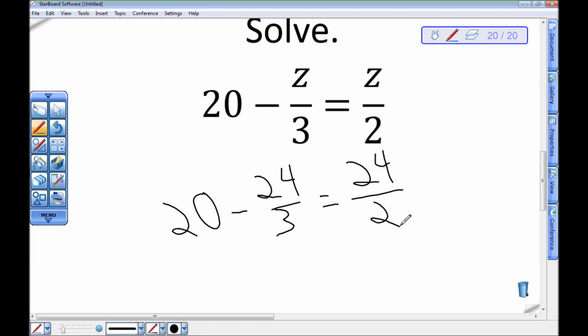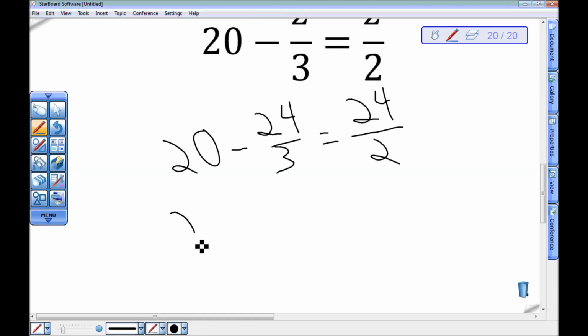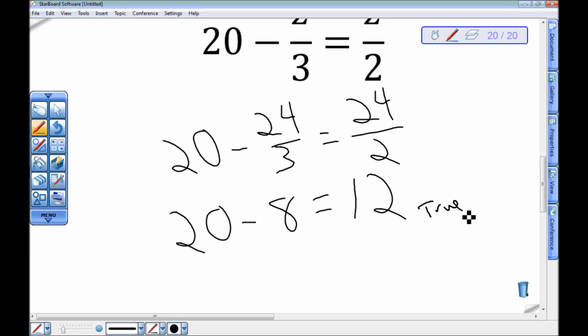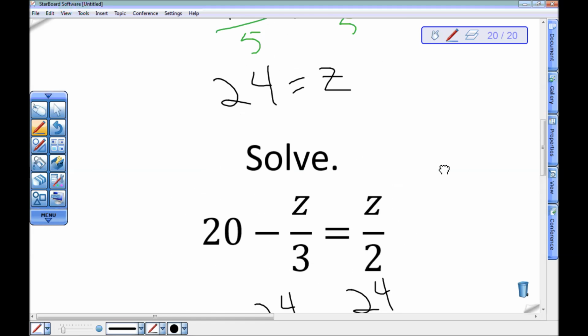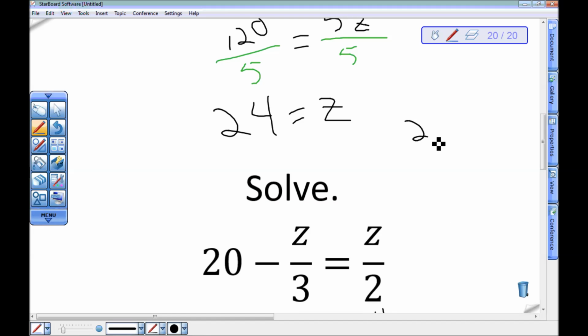And now I know, is that true? Well, let's see. 24 thirds, 24 divided by 3, let's see, 3 goes in there 8 times. 24 halves, half of 24 is 12. And I can see that 20 minus 8 is equal to 12. So this is true. So 24, in fact, is my solution.